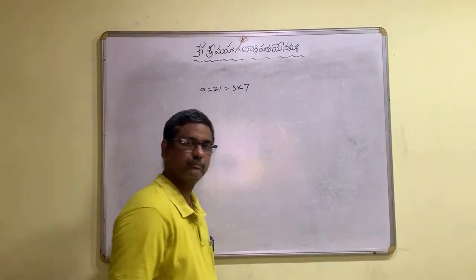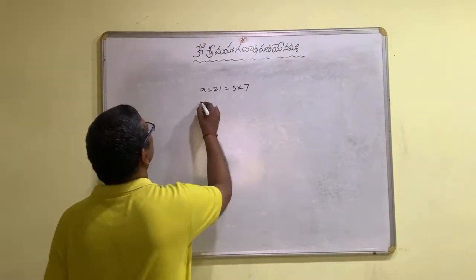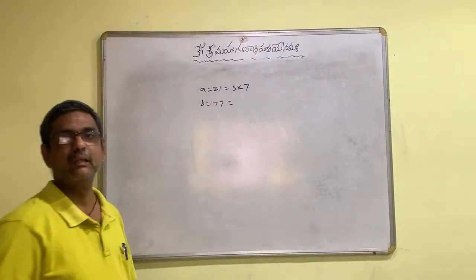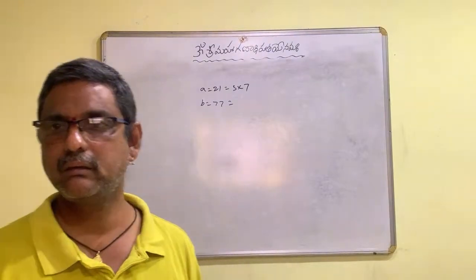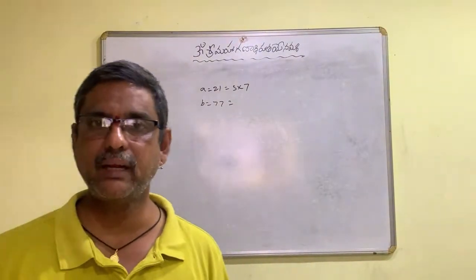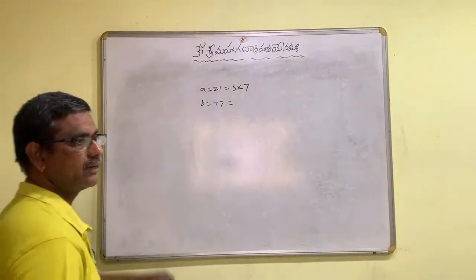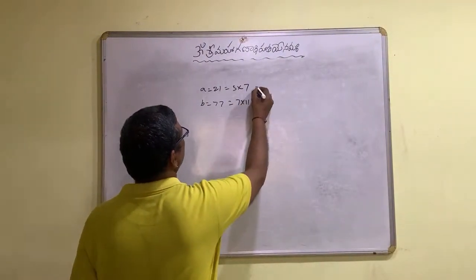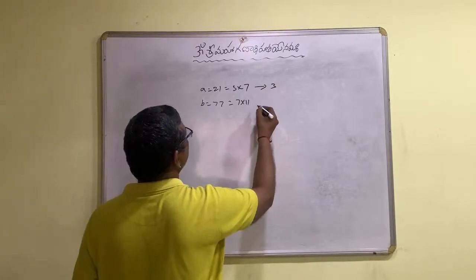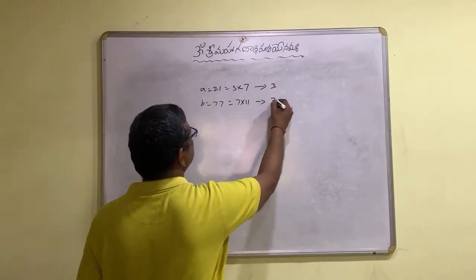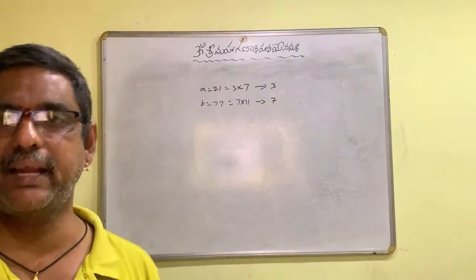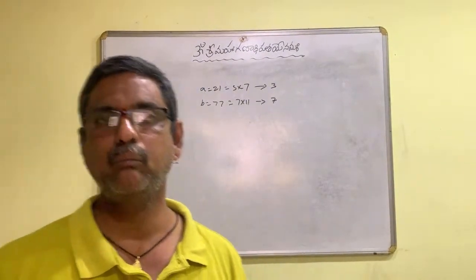Next, B. I'll take 77, to help you understand better. Prime factorization of 77 is 7 into 11. Here the least prime factor is 7.